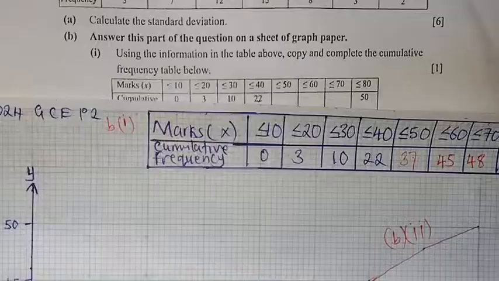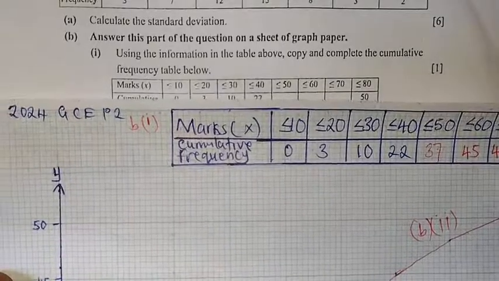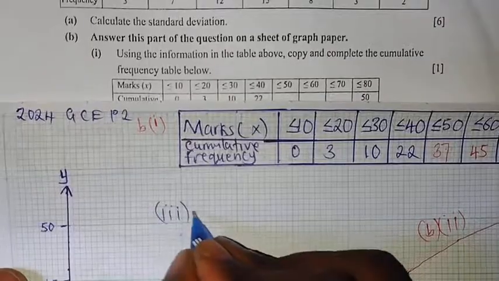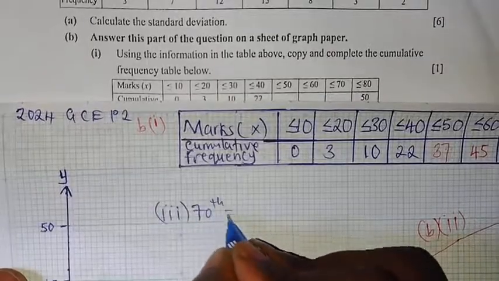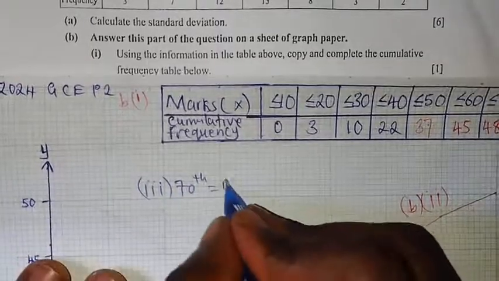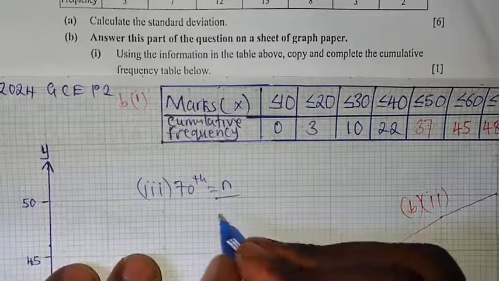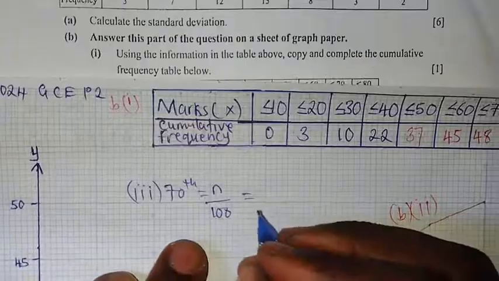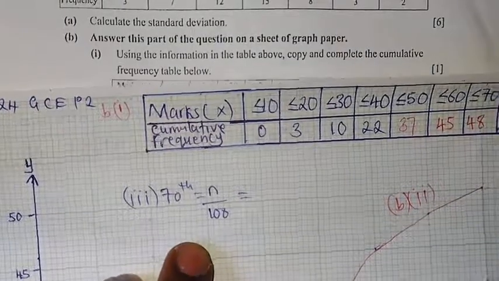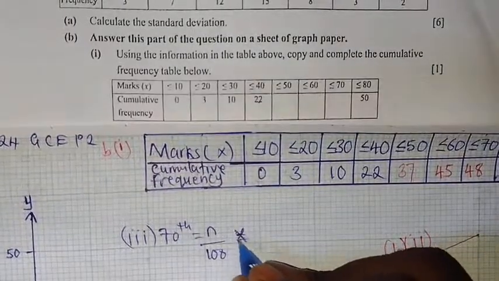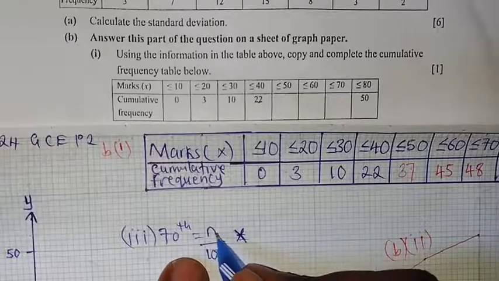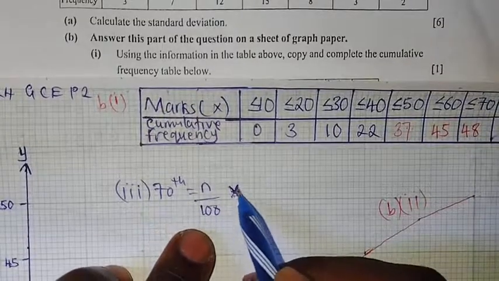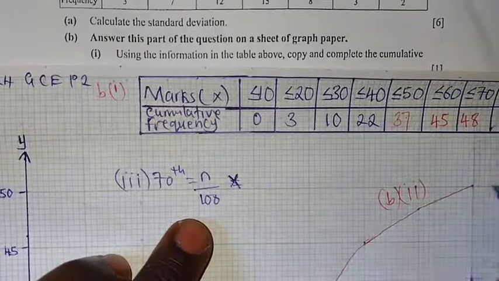So for question 3, we are just going to answer it right here. We are finding the 70th percentile. We should use 70 over 100 times n, the total. What's our total?